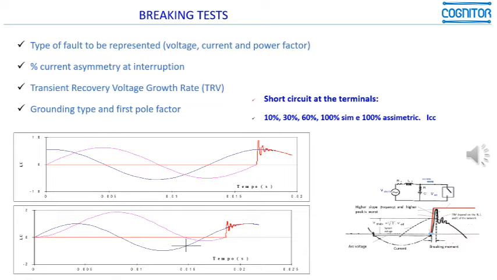The type of fault is normally represented by the voltage, current, and power factor of the circuit which is being interrupted. We use as a parameter also the percentage of current asymmetry at interruption. This is another important condition that depends case by case on the conditions along the interruption.